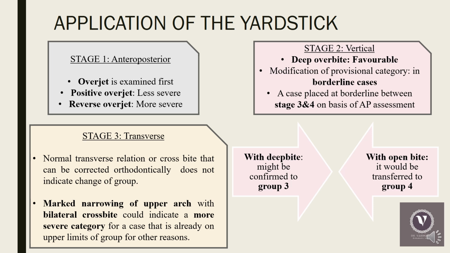Normal transverse relation or crossbite that can be corrected orthodontically does not indicate a change of group. But in case of marked narrowing of the upper arch with bilateral crossbite, that would indicate a more severe category for a case that is already on the upper limits of the group for some other reasons.